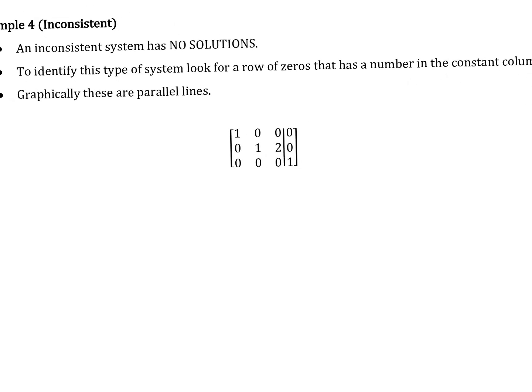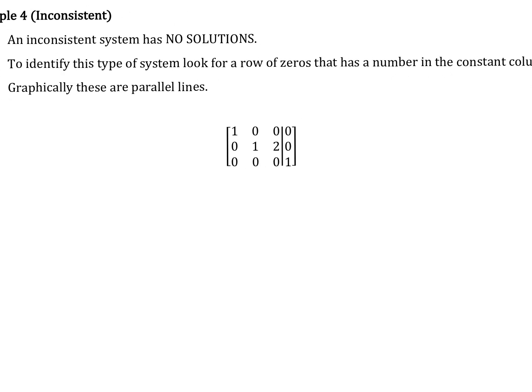So again, you have these variables here: x1, x2, and x3. And then notice when I come down here, I have a row of zeros, and it's equal to a number. Because you have a row of zeros that's equal to a number, already this tells me that this is an inconsistent solution.